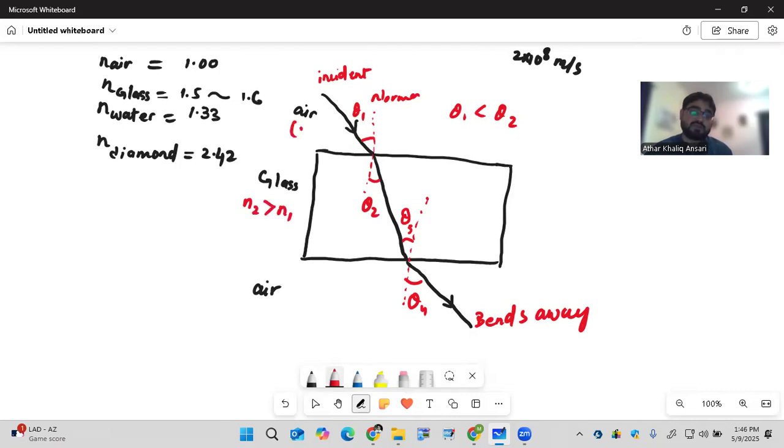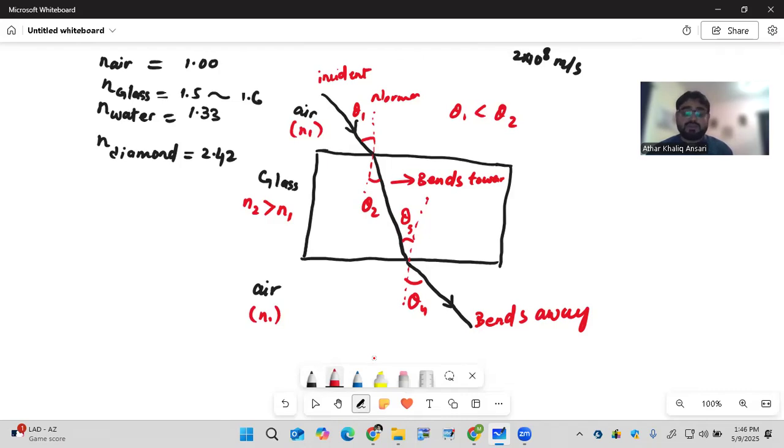So air refractive index, let's say n1, glass refractive index, let's say n2. We have to remember that whenever light enters from air to glass, from low refractive index to high refractive index, it will bend toward the normal, so the angle inside the high refractive index medium will be smaller.